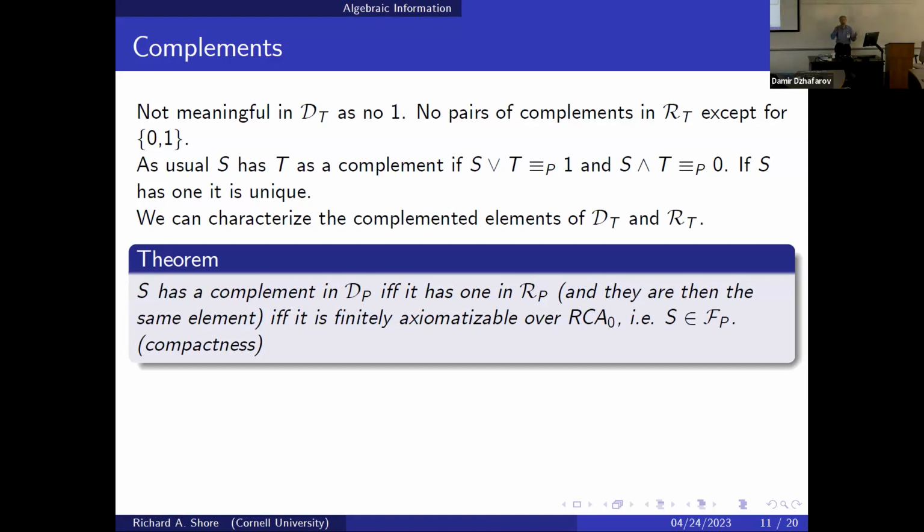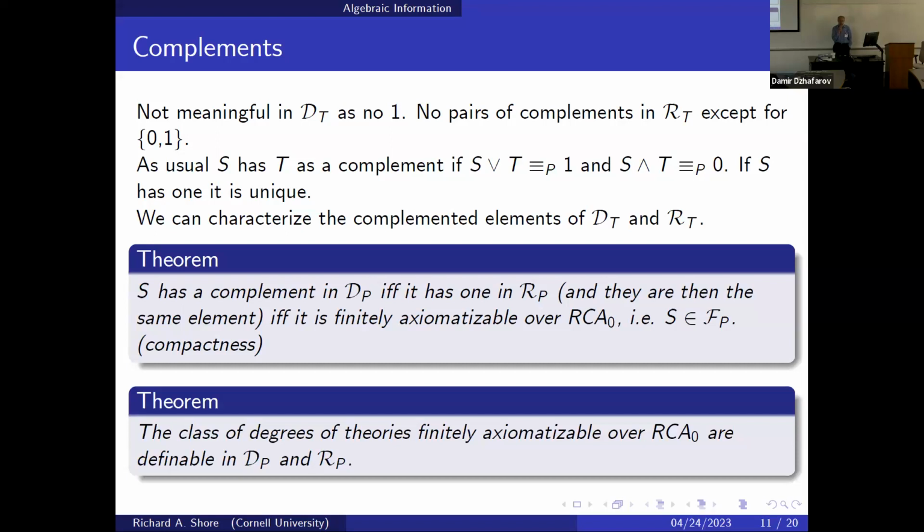If you have a complement, these two join up to a contradiction, so there's a finite piece that makes it contradictory, and then you play around with the algebra and see that it goes both ways. So that means that the degrees of the finitely axiomatizable theories are definable in this structure. They're the complemented elements.